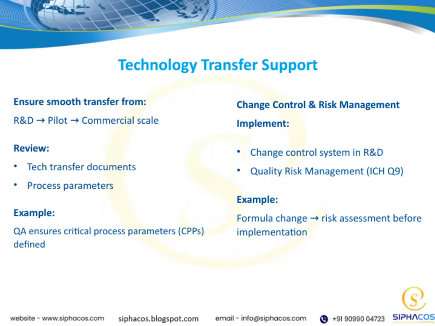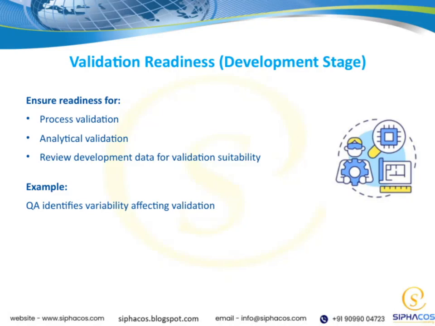Now, at this stage of development, it's crucial to ensure we're fully prepared for validation. This means we need to focus on process validation, making sure our manufacturing procedures are consistent and reliable. Equally important is analytical validation, which guarantees that our testing methods are accurate and precise.